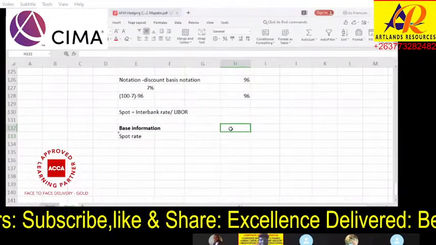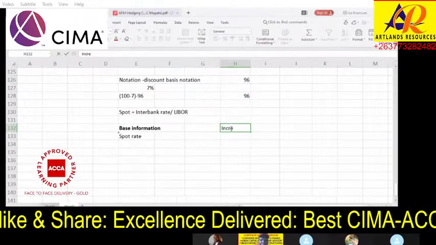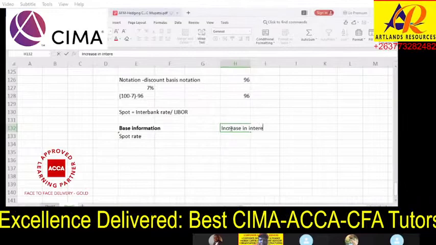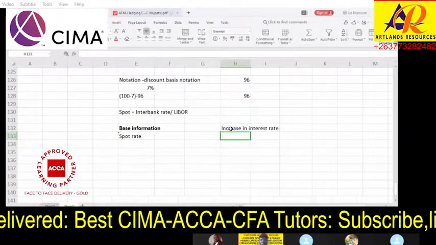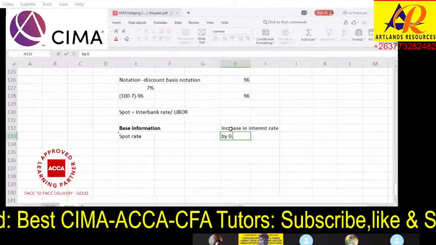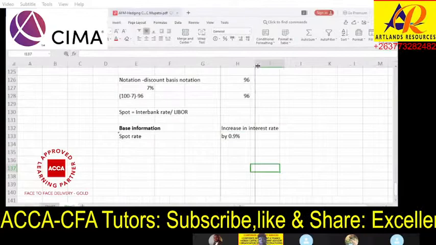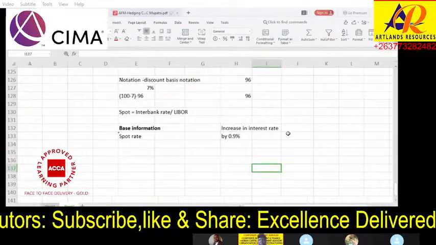If interest rates increase by 0.9%, and then on the other column, this is the increase in interest rate by 0.9%.